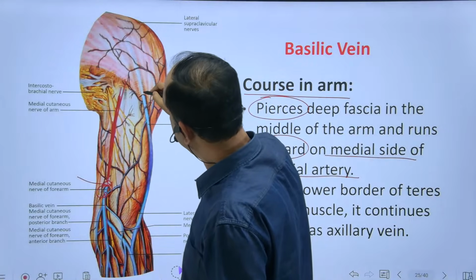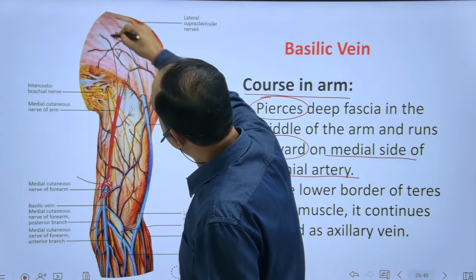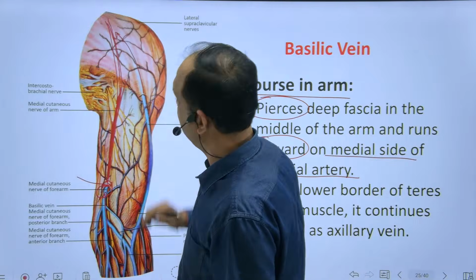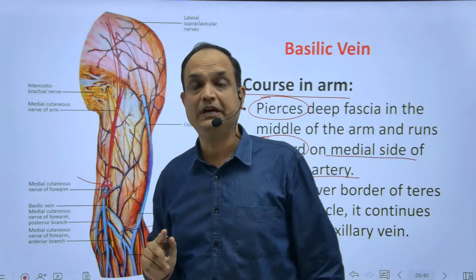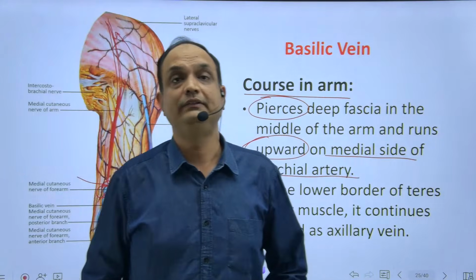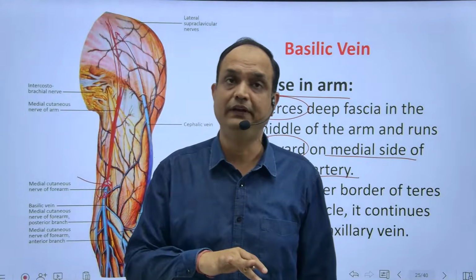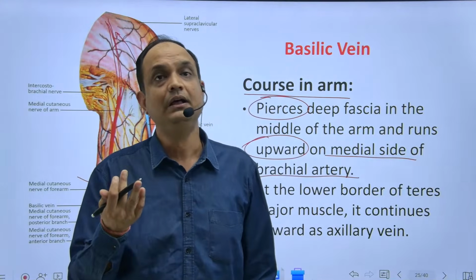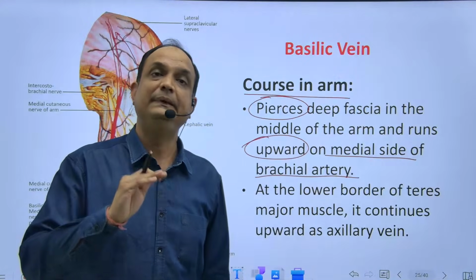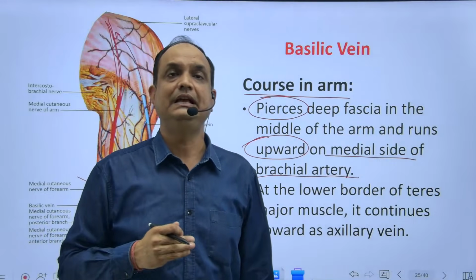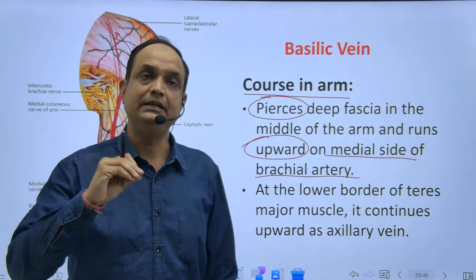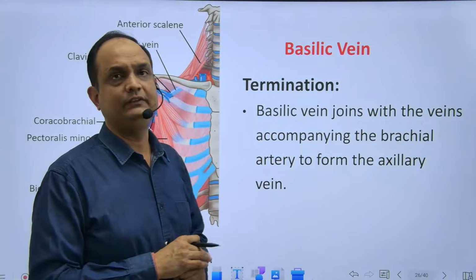But the cephalic vein opens into this axillary vein. So these are the differences you have to keep in mind regarding the termination of basilic and cephalic. The cephalic terminates into the axillary vein, while the basilic continues itself as the axillary vein after taking 2 or 3 more tributaries.